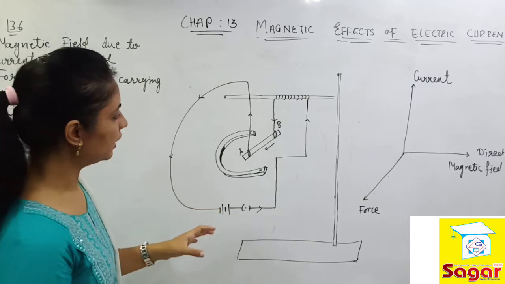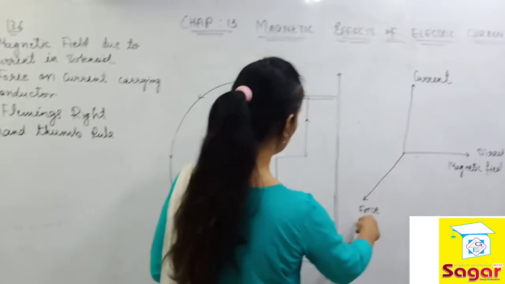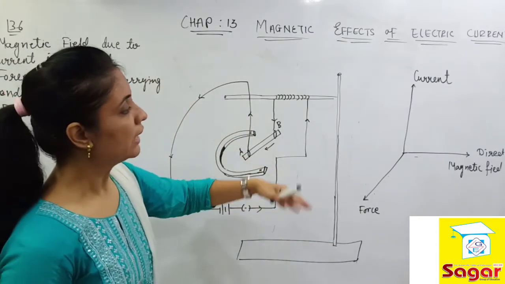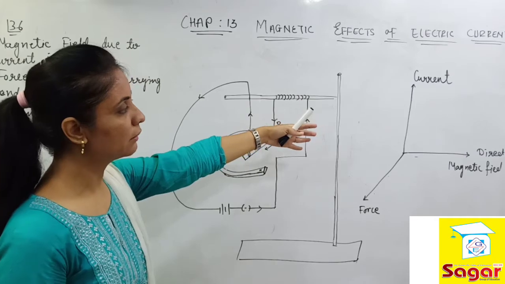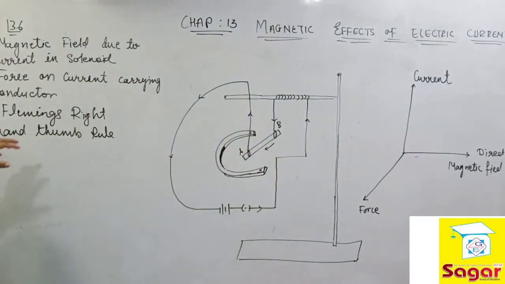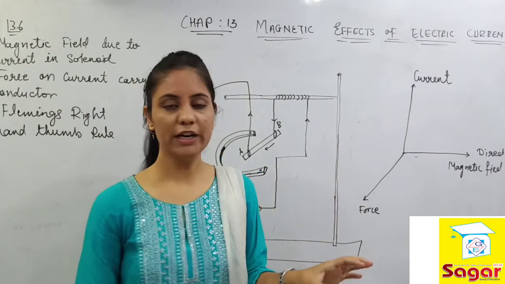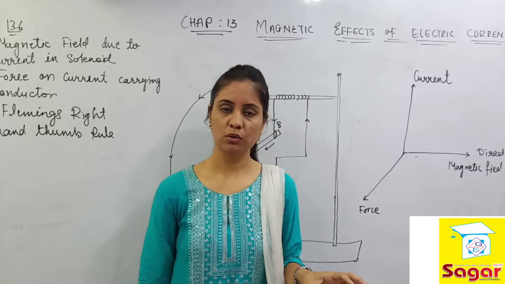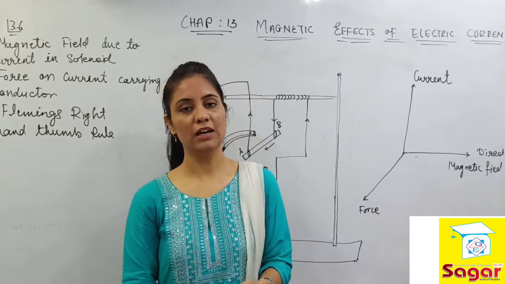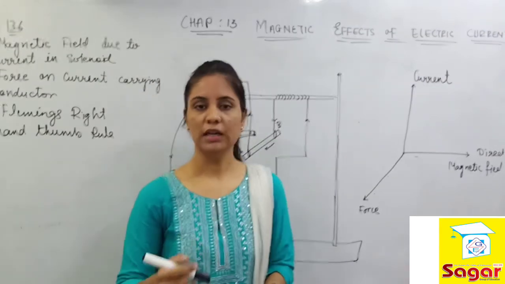There is nothing to think about it, and the unknown force executed over the rod we can show by the right hand thumb rule. We have taken it from Fleming's right hand thumb rule, as we call it. According to Fleming's right hand thumb rule, if the direction of the current and the direction of the magnetic field are perpendicular to each other, that executes a kind of force.